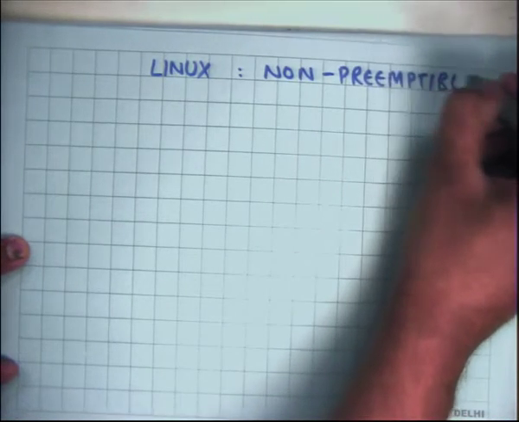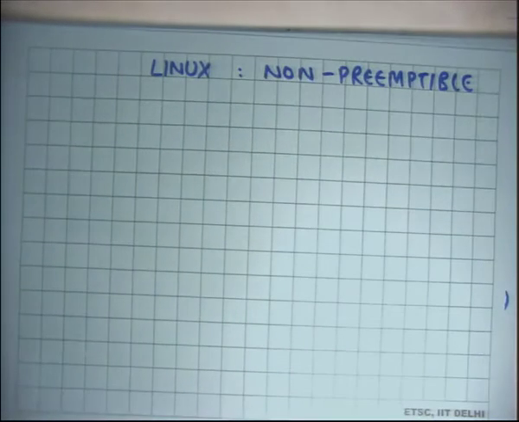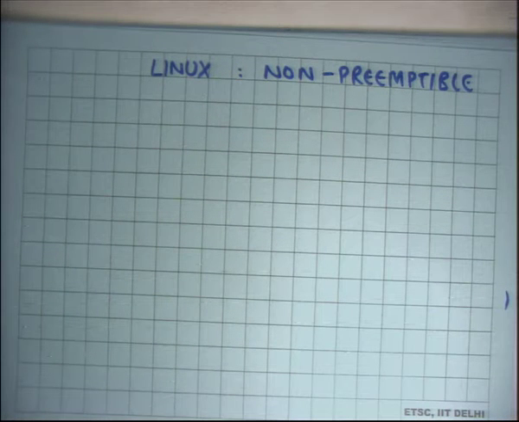Which basically means that if a thread is executing within the kernel and there's a timer interrupt or any other interrupt, it doesn't cause a context switch across threads, right?